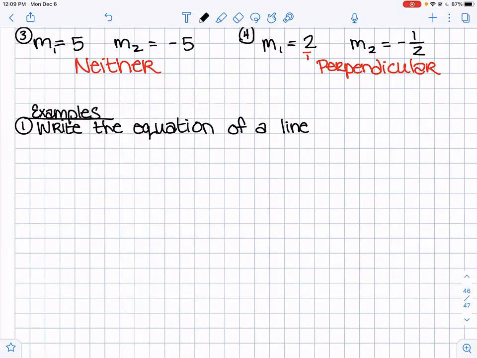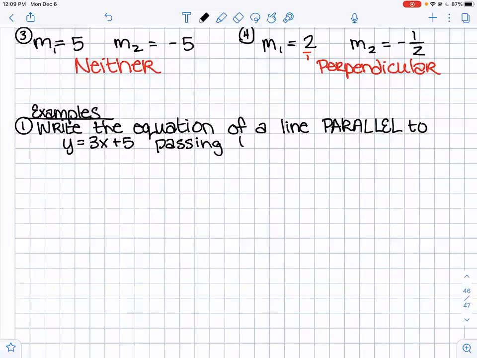And it's going to be parallel to y equals 3x plus 5, and passing through (0, -3).